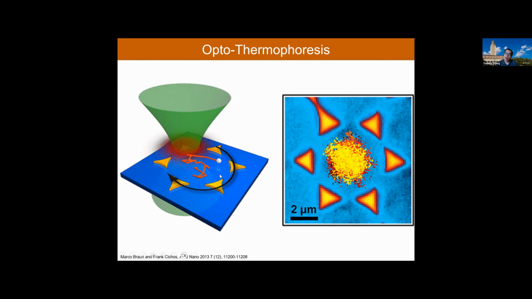It's still a beautiful demonstration of thermophoresis, but in terms of manipulation it is still limited in dynamic control. You can only confine the particle in one position, but you cannot versatilely manipulate it in 3D space.